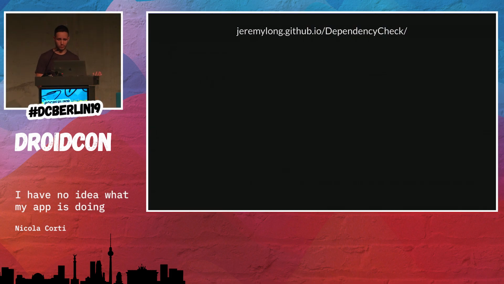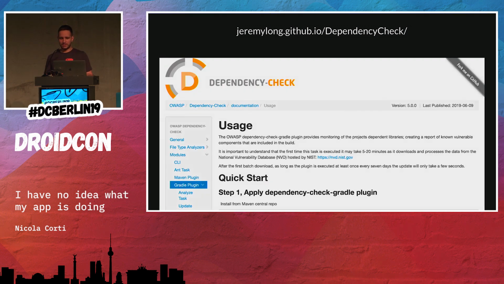And the last tool that I want to mention is dependency check. This tool doesn't really solve the problem that I mentioned, but it's useful to check if some of your dependencies contain security flaws or vulnerabilities. This is from OWASP, and there is a list of all the known vulnerabilities.